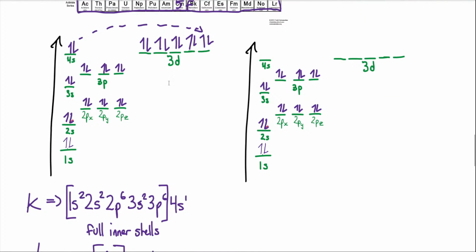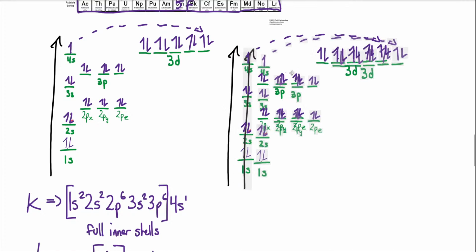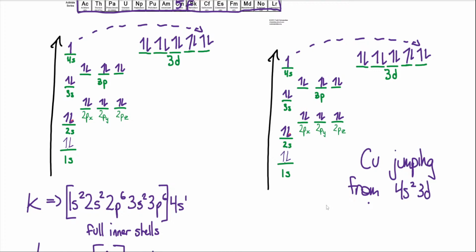Okay, so we see some weird jumping, right? Let me label both of these actually as our one and the other. So who is this? This is nickel. No, this is copper. Jumping from 4s2 3d9 to 4s1 3d10, right?